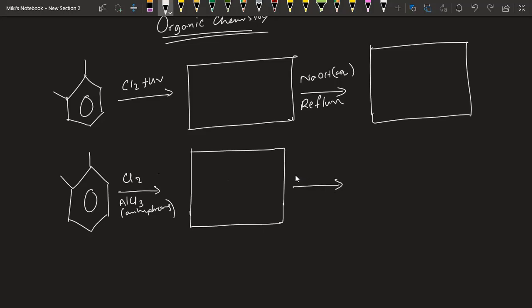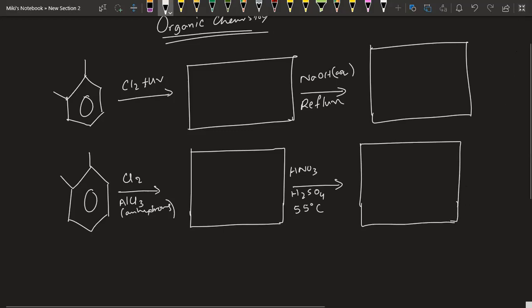And from there, when we further add HNO3 and H2SO4 at 55 degrees centigrade, we should get some other product, which we also need to find out.